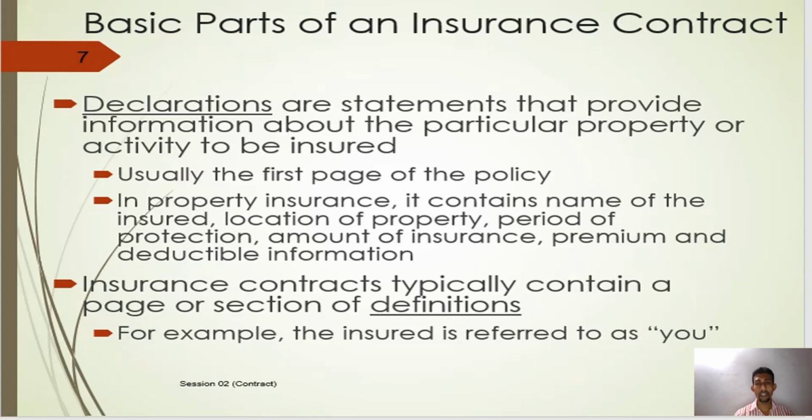Some of the key information includes the name of the insured, the location of the property, the period of protection, the amount of insurance, the insurance premium, the deductible information, the conditions, the endorsements, or the type of insurance risk which is going to be covered, and so forth.